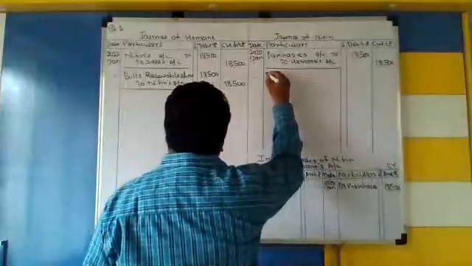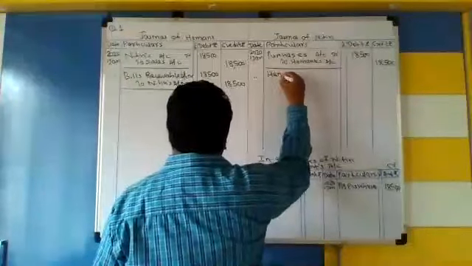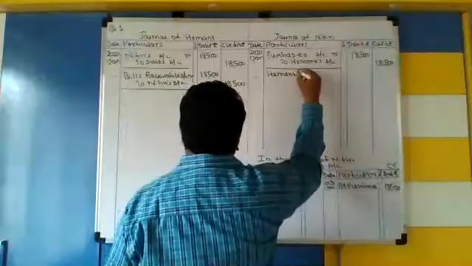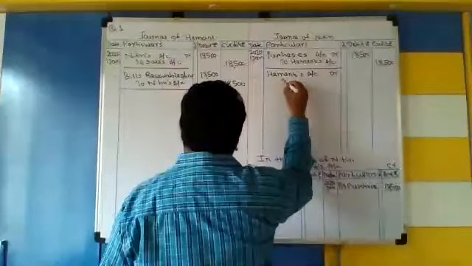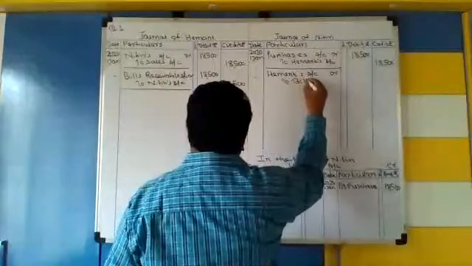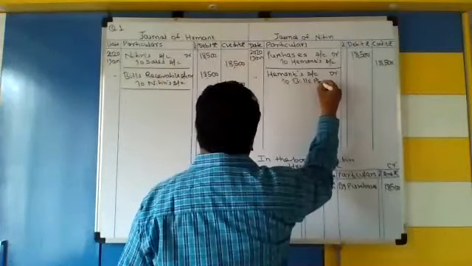Here the entry is Hemant account debit to bills payable account.